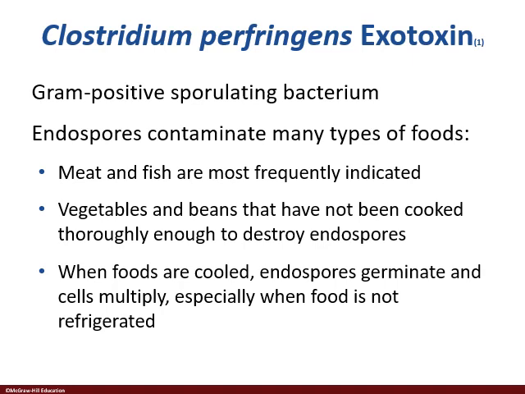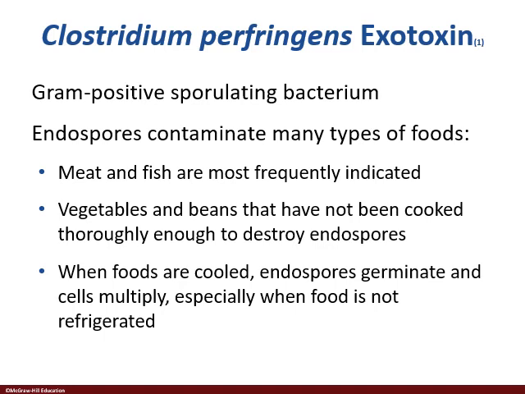Clostridium perfringens is generally associated with wounds. Remember, it was C. difficile, it was ingestion. Perfringens is generally associated with wounds. You get a puncture wound and the spores, perfringens spores, get into the wound and it'll lead to a necrotic wound.